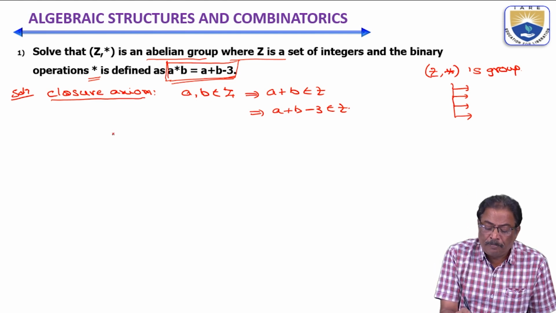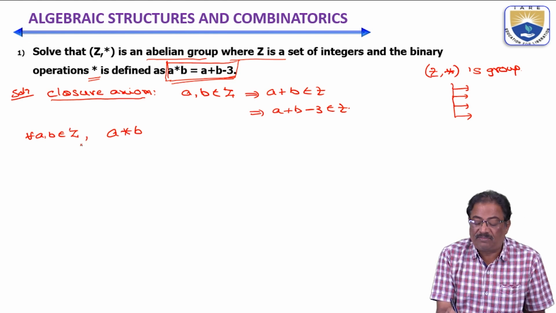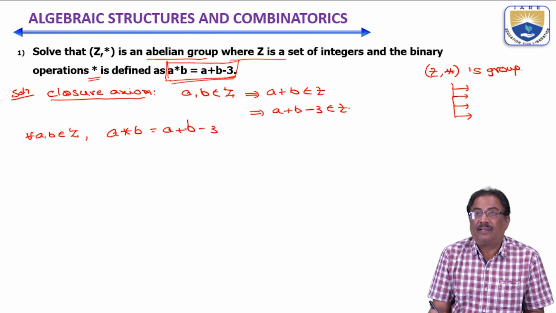Now let us go for A star B. For every A, B belonging to Z, A star B equals A plus B minus 3.